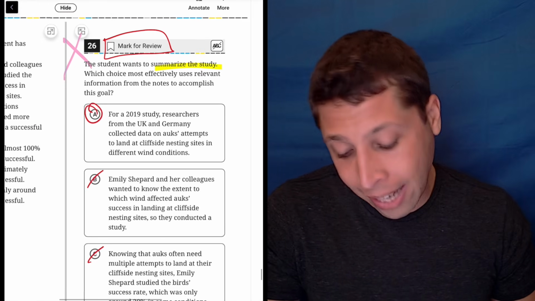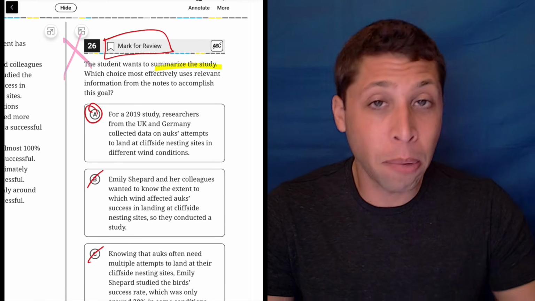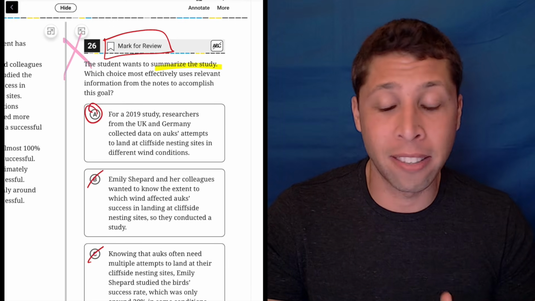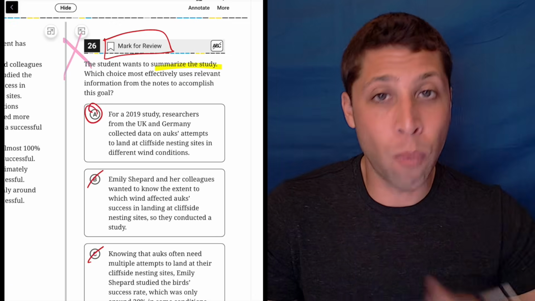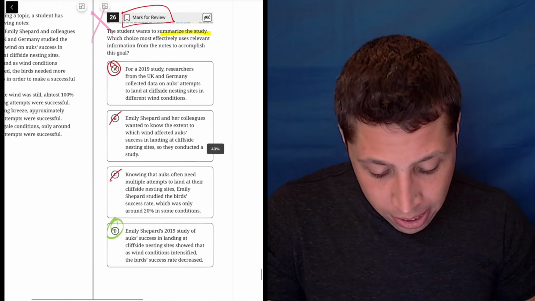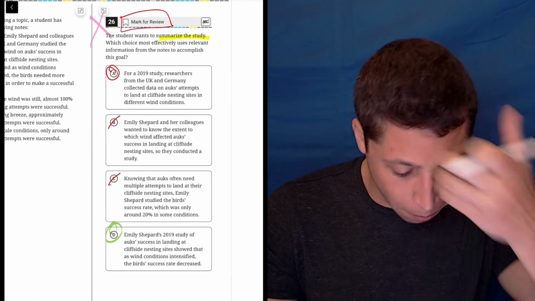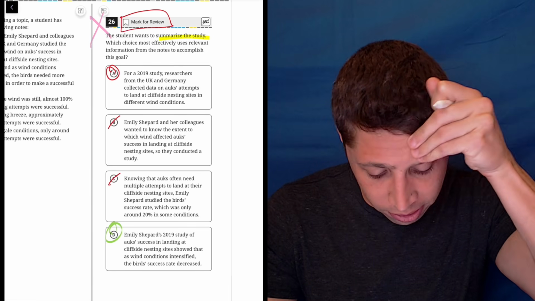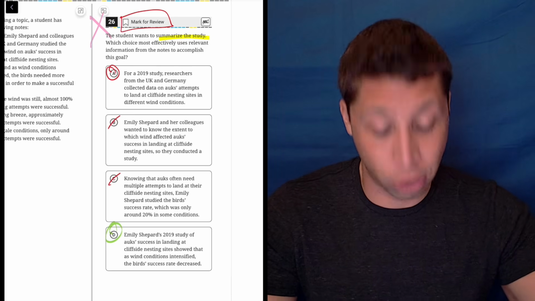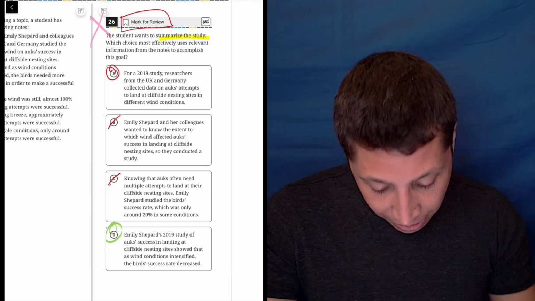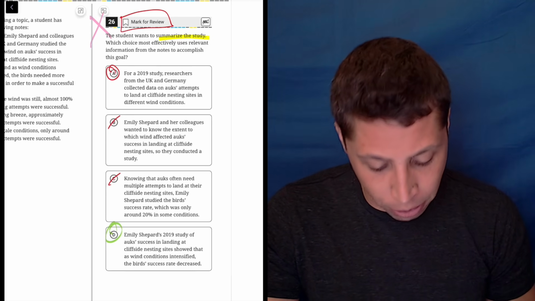Maybe that would have been more useful. But what I failed to understand is that summarizing the study, at least in the SAT's eyes, means beginning to end, right? What was the study and what were the results of the study? So D is actually the answer here. Emily Shepard's 2019 study of auks' success in landing at cliffside nesting sites, so that's what it was meant to measure, showed that as wind conditions intensified, the birds' success rate decreased.